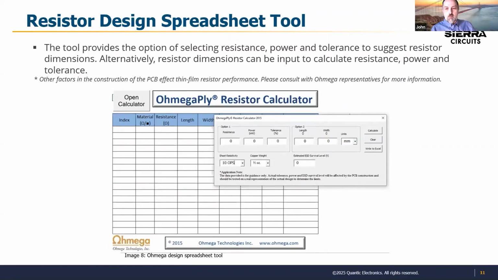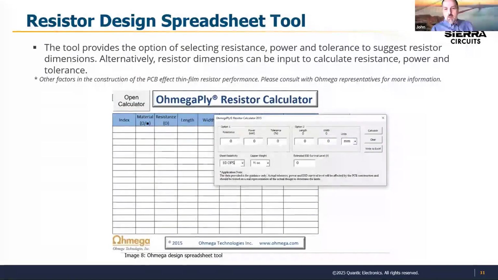It also gives you an idea of the ESD survival level, because for a number of commercial products, they do the human body model for ESD, electrostatic discharge prevention, so you don't have a problem. Or, if you know the length and width of your resistor, you can back calculate, and it'll tell you what the resistance is, as well as how much power it can handle.